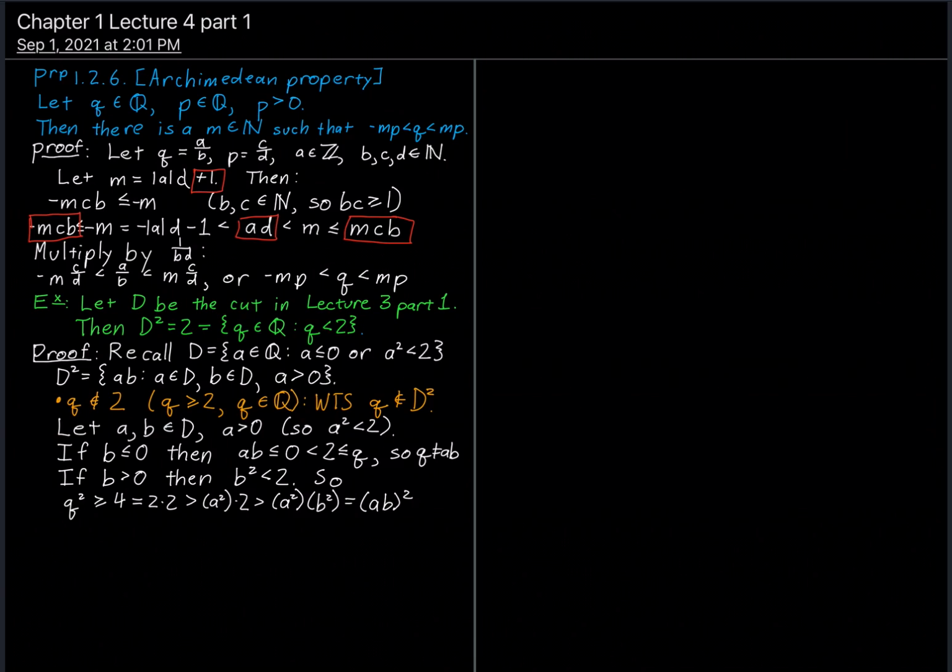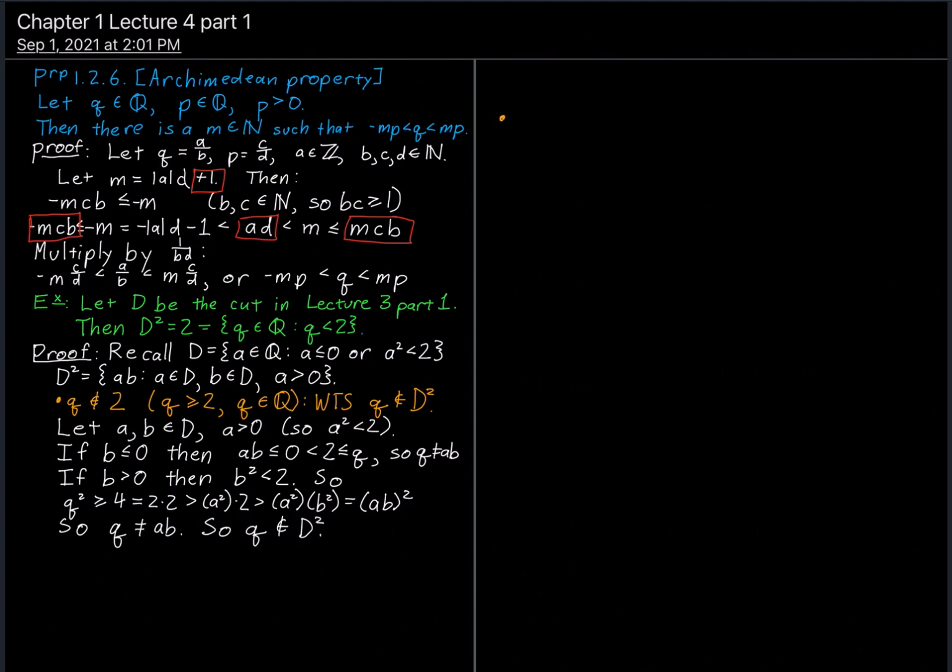So we get that q squared is strictly greater than ab squared. So q cannot be ab in this case either. So in either case, q is not in D squared.